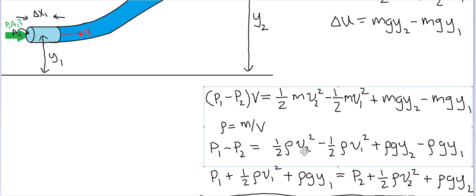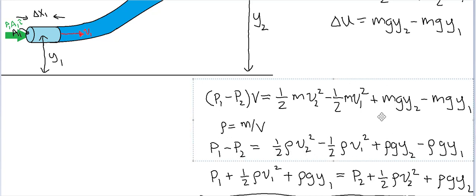But m over V is rho, the density, right? And so we get that P1 minus P2 is equal to half rho v2 squared minus half rho v1 squared plus rho g y2 minus rho g y1. Pause the video here and convince yourself that you can go from this equation to this equation. Okay, hopefully that made sense.